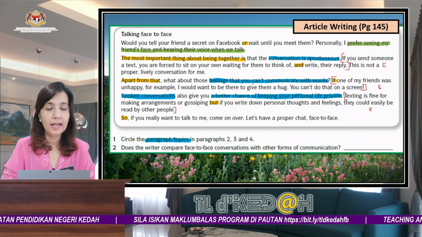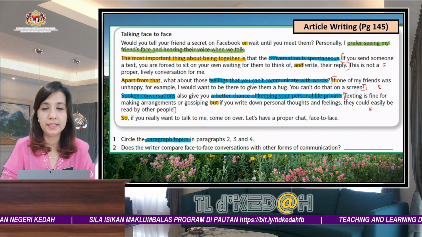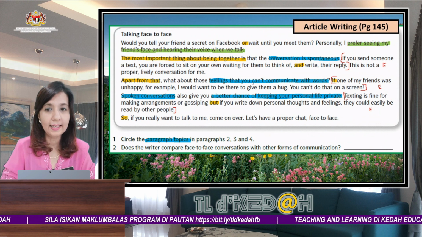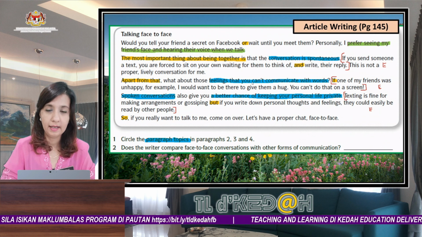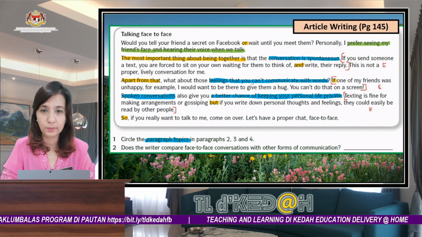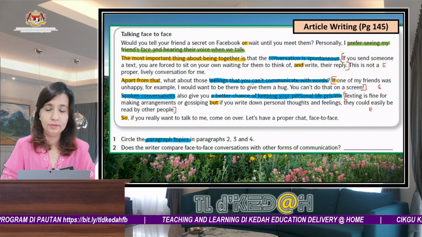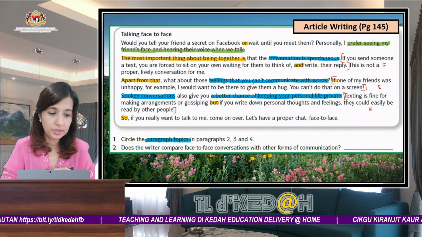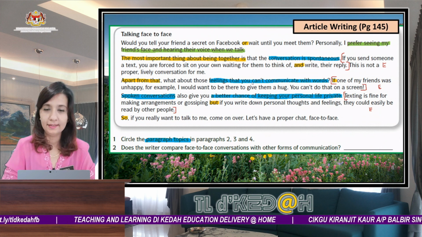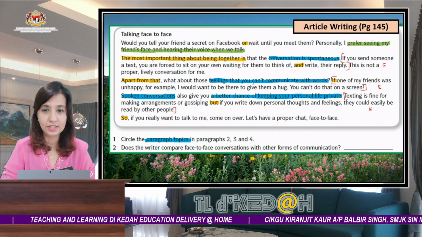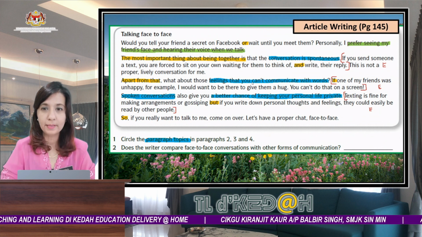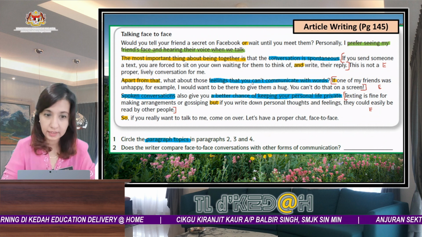Rather than writing, everybody likes to communicate with friends. I like to communicate with friends. I prefer to use Facebook. It's so normal. Try to start your articles differently. Make a change. So you impress the marker, impress the readers. They want to read more.